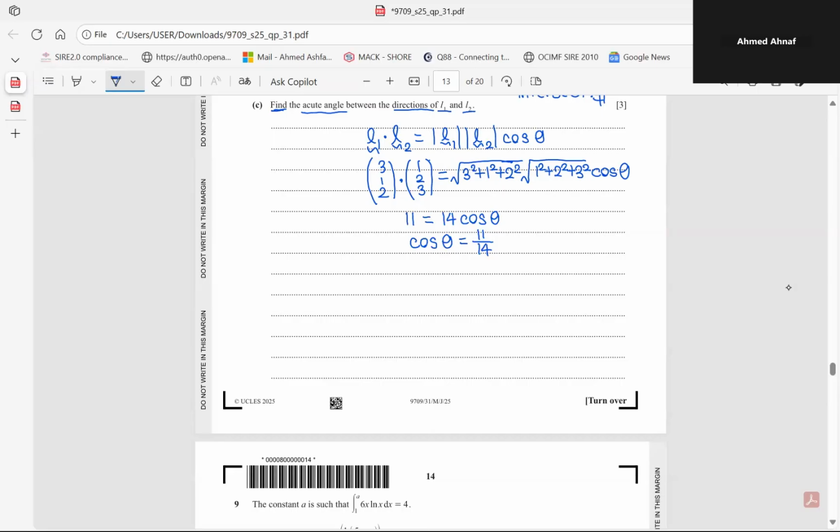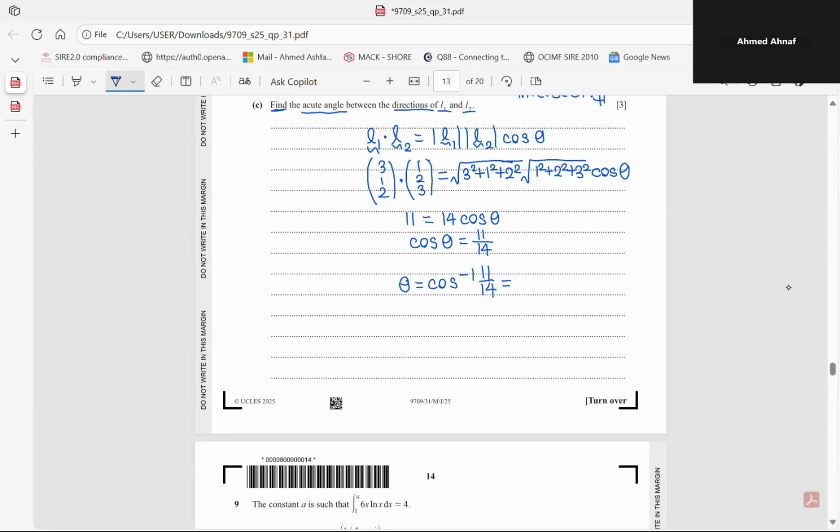Okay, so since cosine theta here is positive, we can assume that theta is an acute angle, since cosine of an acute angle is always positive. So hence, just take the inverse cosine of 11 over 14.